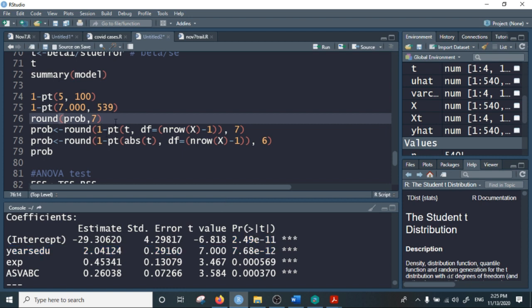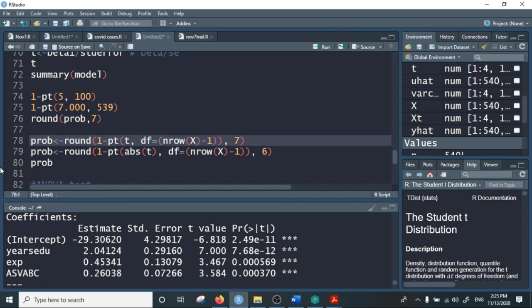Now we will not find the probabilities one by one, but we will find the probabilities at a time. For this, we'll write the t vector here, which is the vector of t ratios that we have found, and we will round the probability.